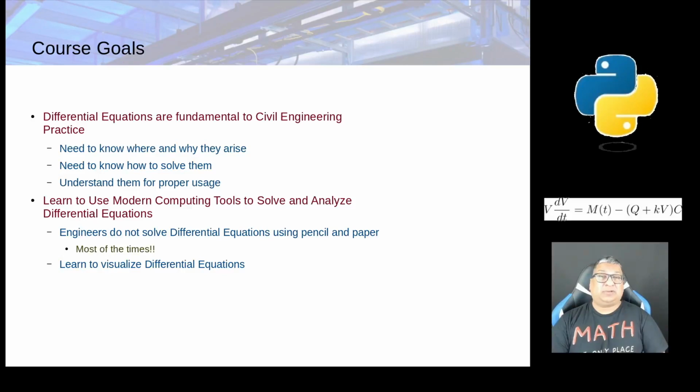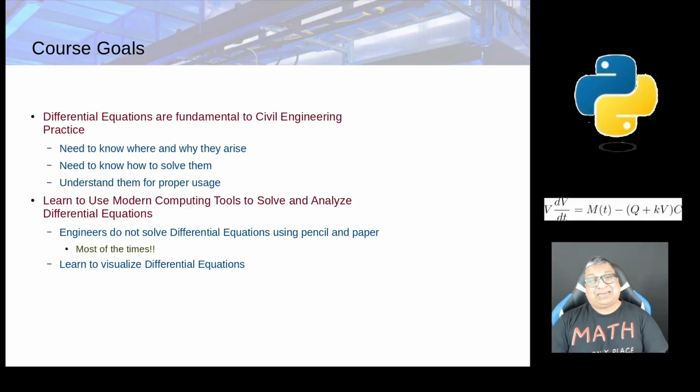And also we want to make use of the charting and the visualization capabilities that modern programming languages offer to help us interpret the results, explain the results, understand what is going on with different parameters, how they influence the results and such. So it is very important to dovetail your understanding of differential equations or your ability to solve differential equations with charting and visualization capabilities.